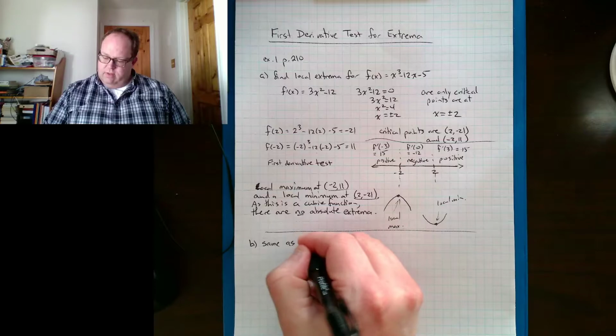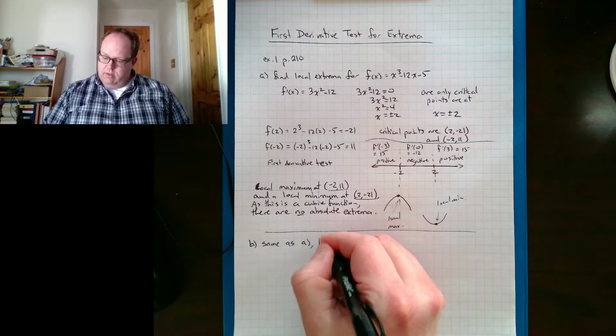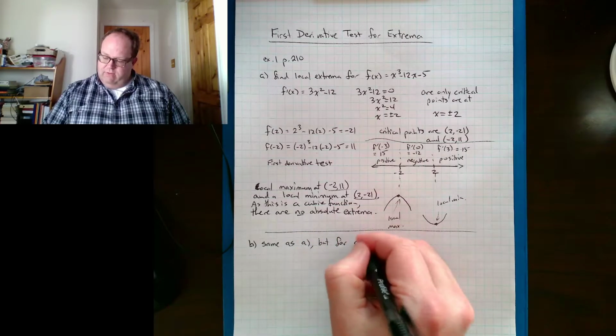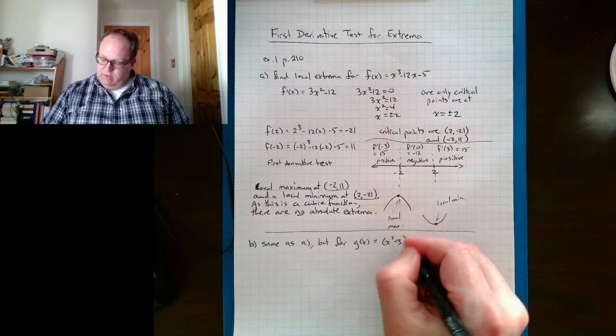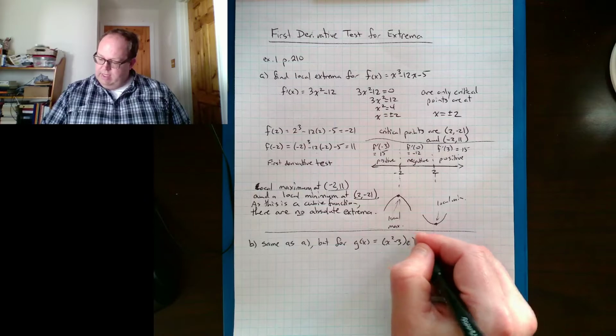So we're looking for the same as a, but for g of x equals x squared minus 3 times e to the x.